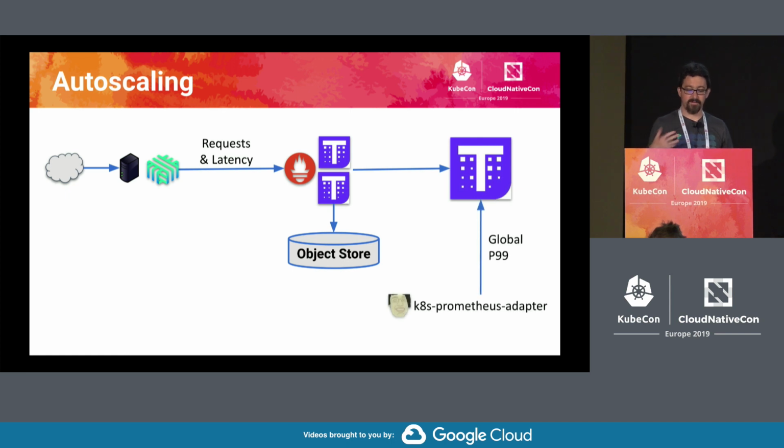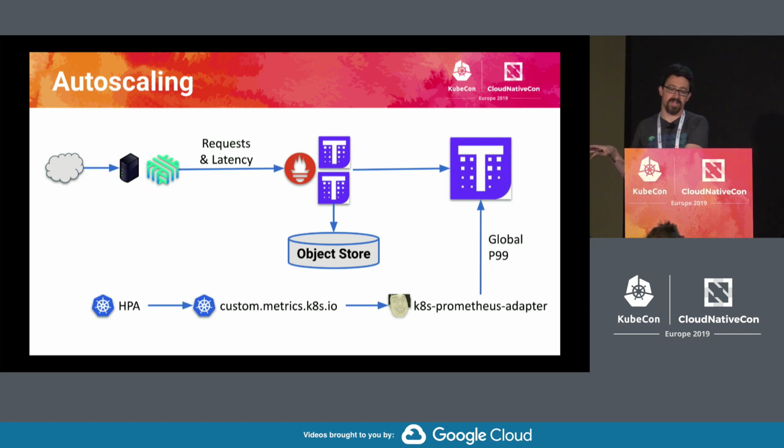And I found this other nice piece of software called the K8s Prometheus adapter. What that does is it takes Prometheus data, and in this case it's a Thanos, but because Thanos and Prometheus look exactly the same from an API perspective, I just plug it into the global Thanos query. And that allows Kubernetes to see this Thanos data as Kubernetes metrics.